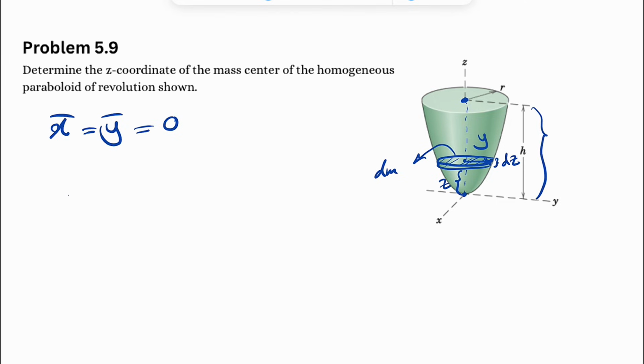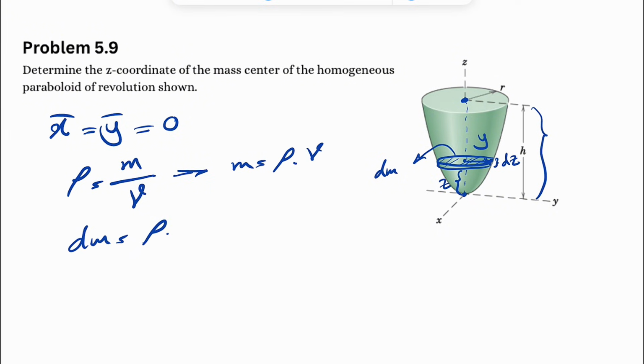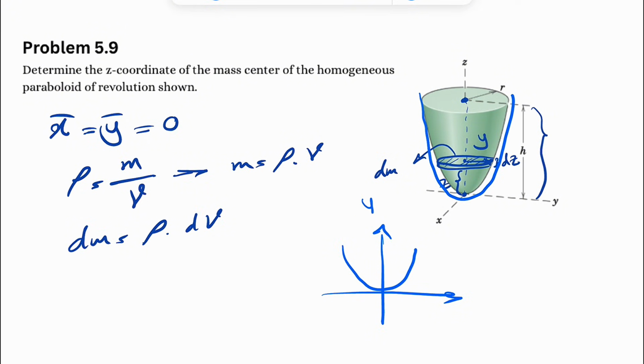So we're going to start with the definition of the density, which is mass over the volume. So from here, mass would be rho times v, or our dm is equal to rho, obviously a constant, dv. And what we need to figure out in here is that because we have a parabola, if we have a parabola where this is our y-axis, this is our x, this is going to be y is equal to x squared.